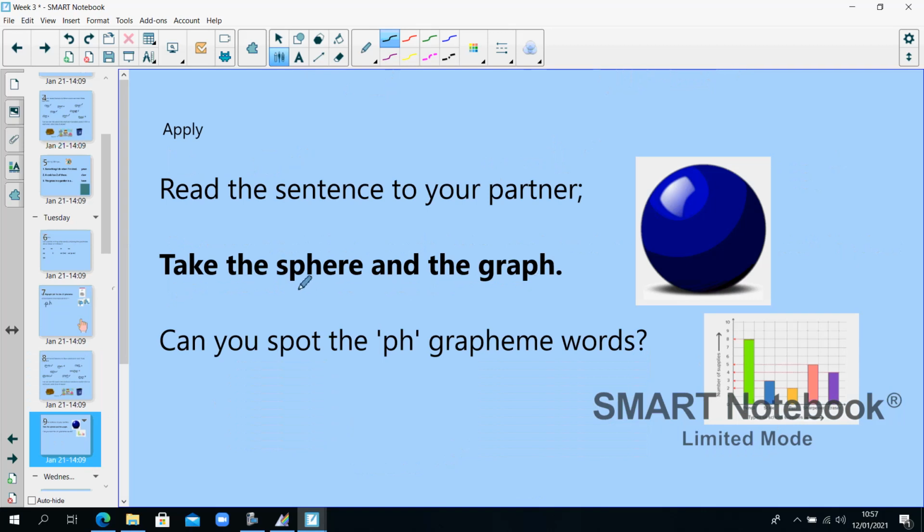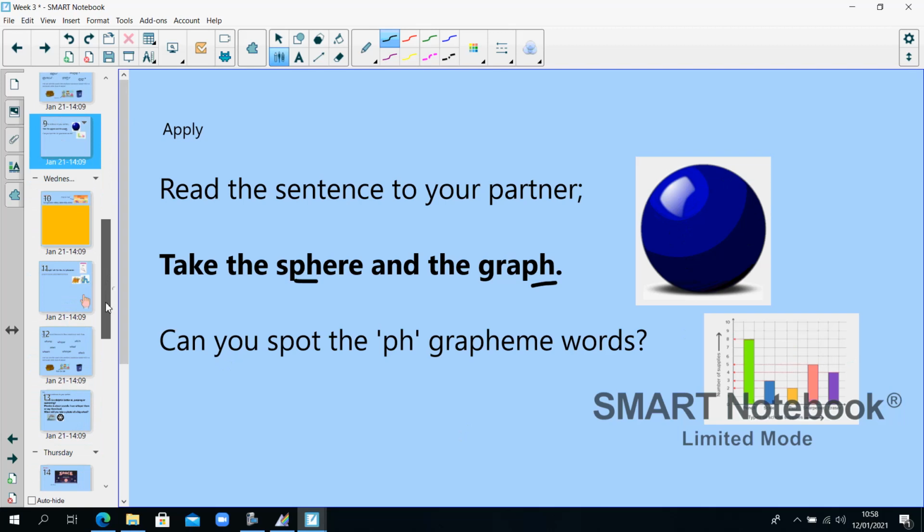We spot our words. Good, they're here. Sphere and graph. A sphere is like a ball. So it's a 3D shape, it's a ball, and a graph, like I said, is like this. It shows different information. You will do graphs in maths. Well done, that's the end of Tuesday's lesson.